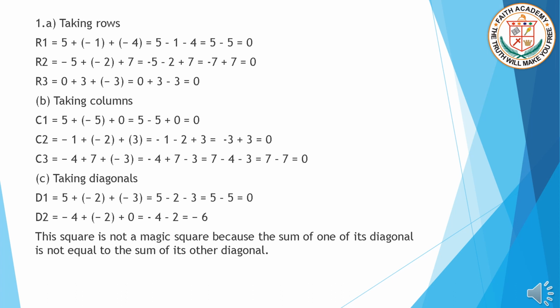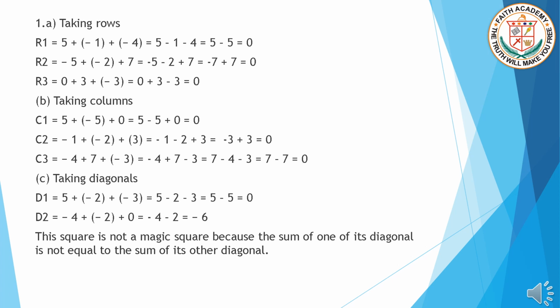So that would be diagonal 1, and from the right hand side top would be diagonal 2. Now when we are talking about rows and columns and diagonals, we have to see that the sum of each row and each column should come out to be the same.